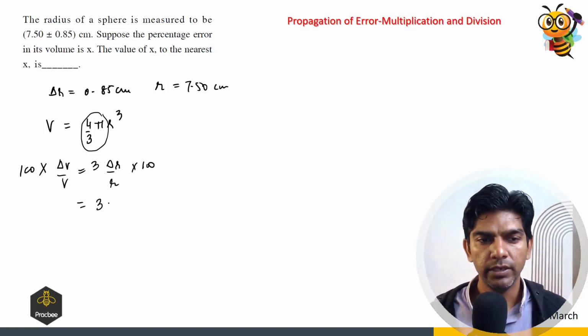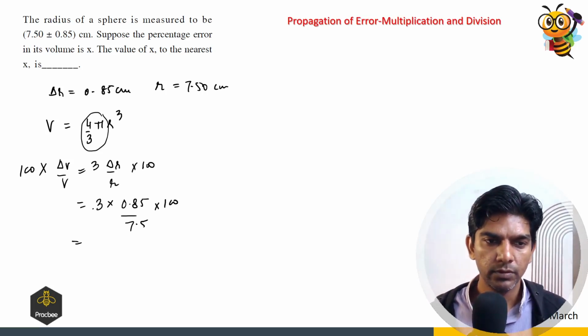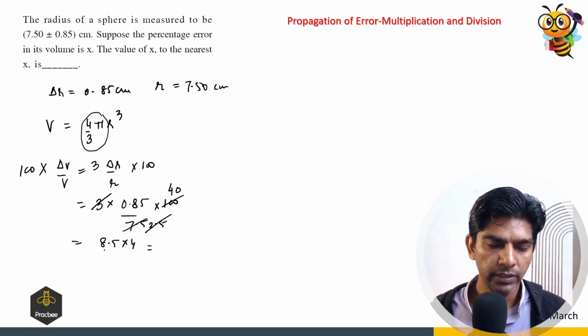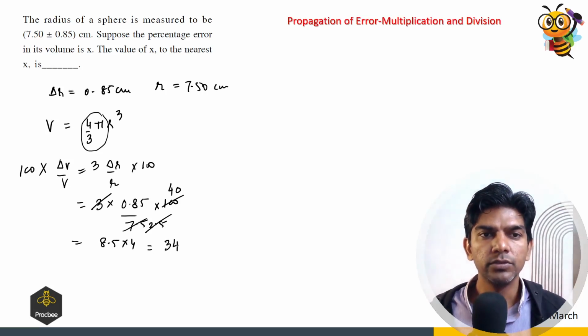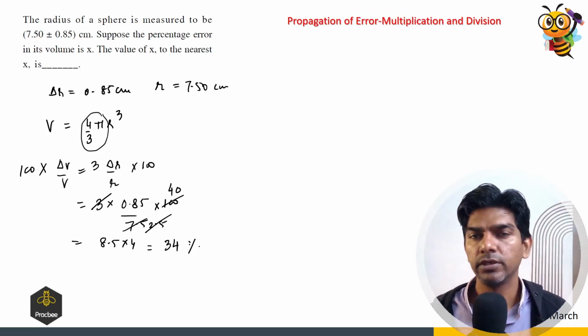So it will be 3 times 0.85 divided by 7.5 times 100. So this will give us 2.5 and this will give us 40. So it will be 8.5 times 4. So it comes out to be 34, right? So 34%. So 34 is the answer.